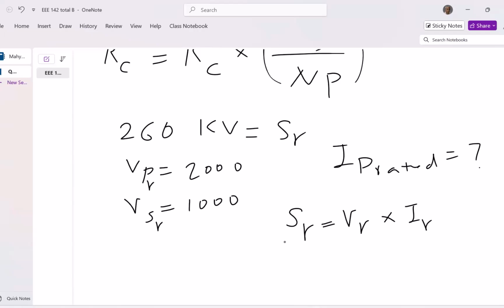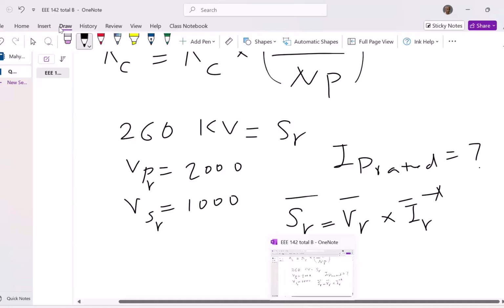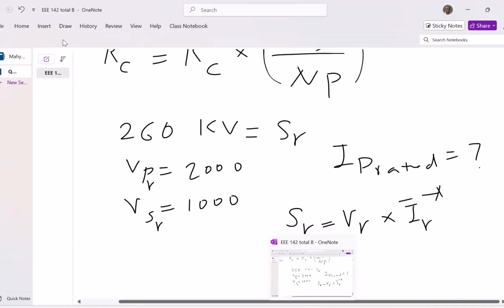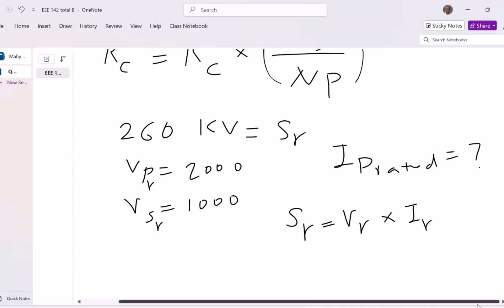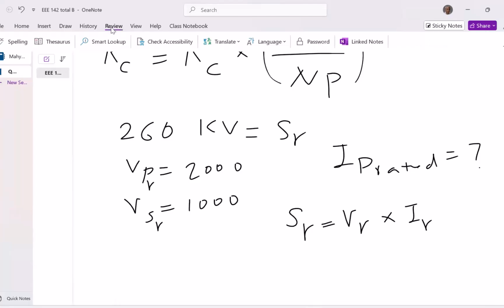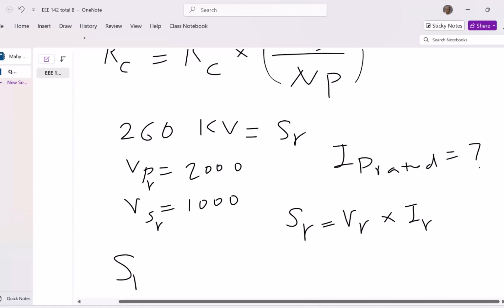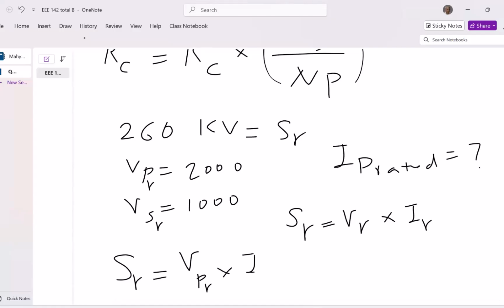Simply speaking, right? In terms of S, when you write complex power, you have to put bars and the conjugate and all of that. But as long as we're dealing with just the apparent power and the voltage and current magnitudes, this is correct for both primary and secondary sides. So we have S rated equal to V primary rated times I primary rated.